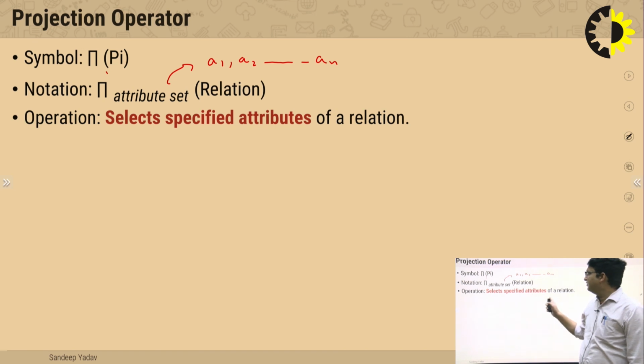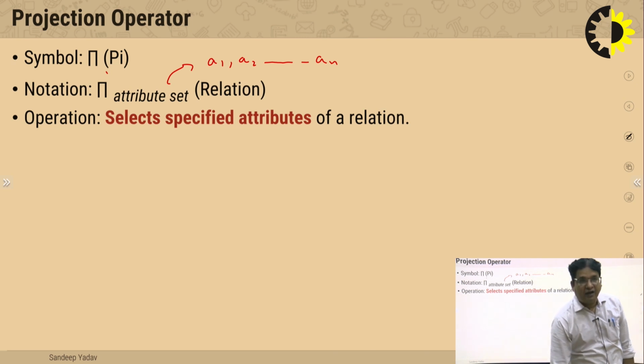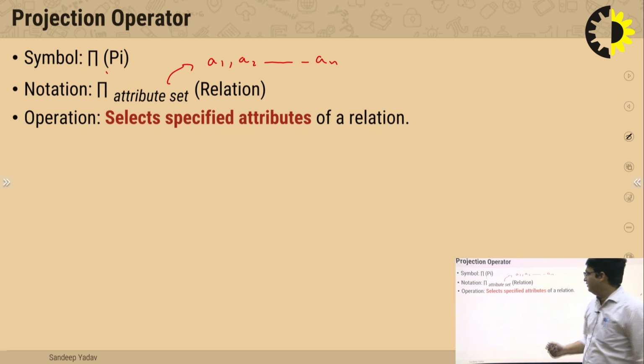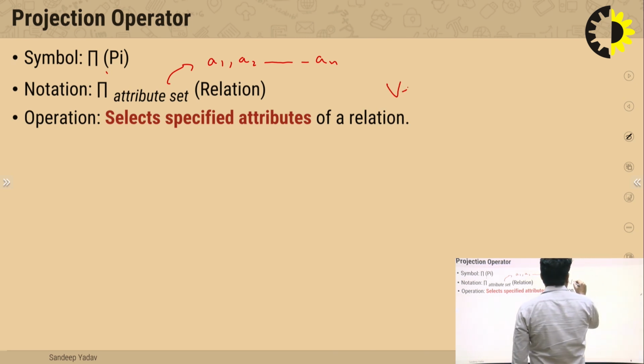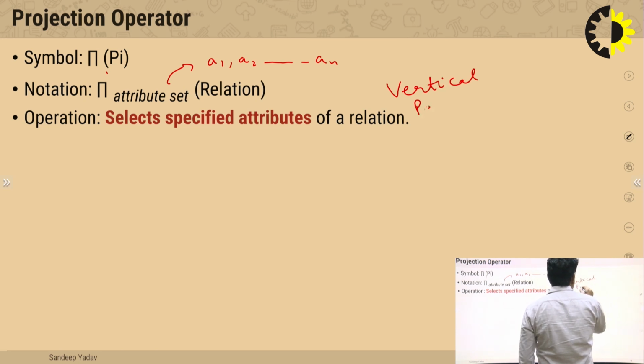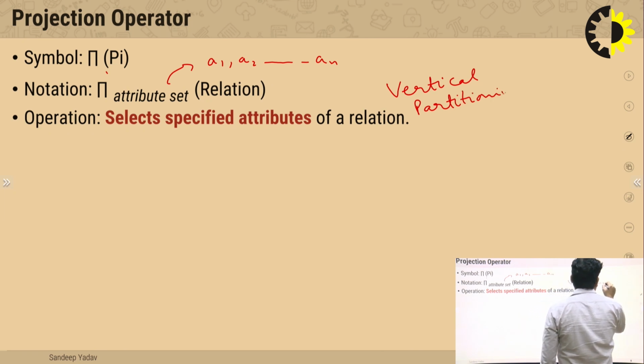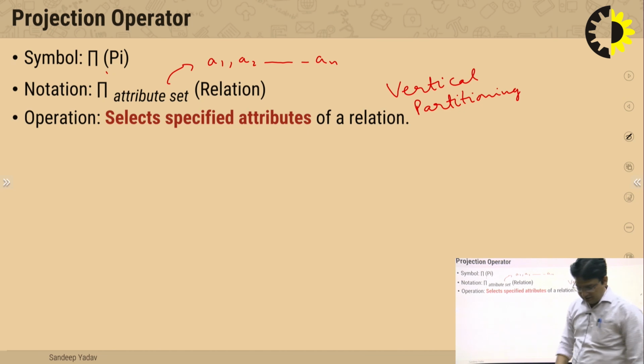It specifies the attributes of the relation, that is, the partitioning has to be done vertically only. So the partitioning is done vertically here, whereas in selection the partitioning was done horizontally. That is the fundamental difference between both of them.